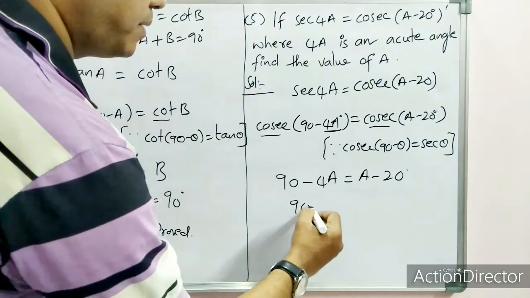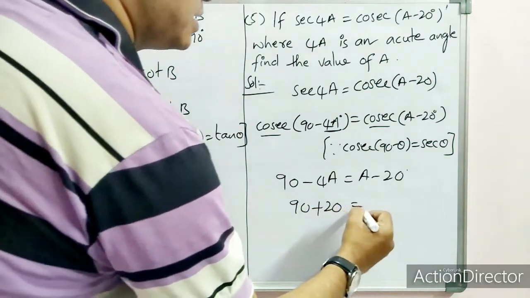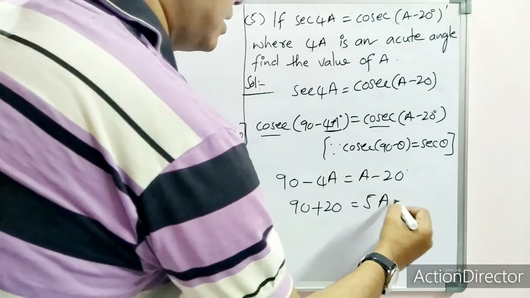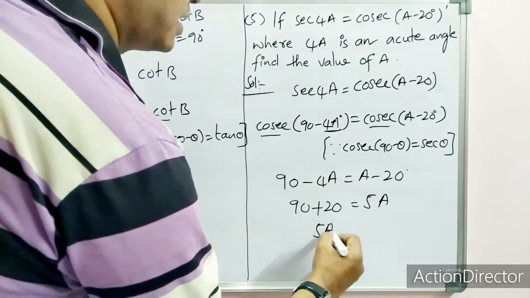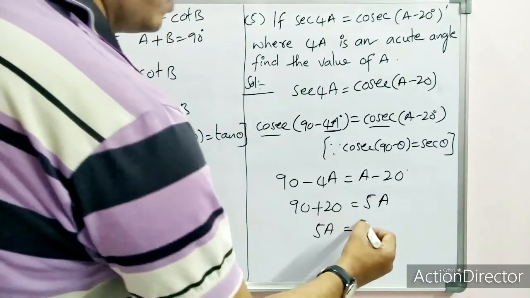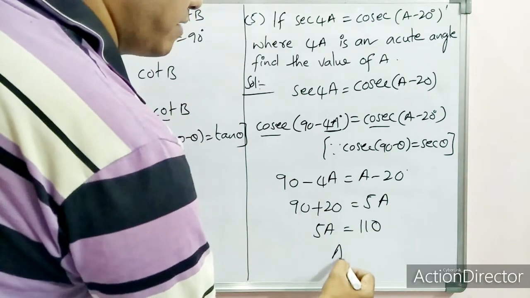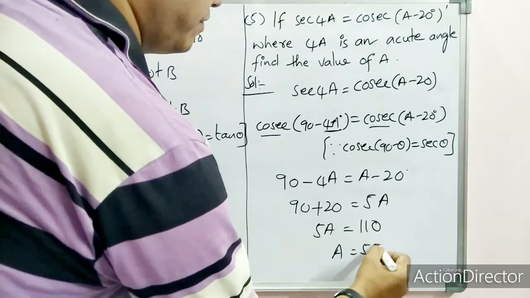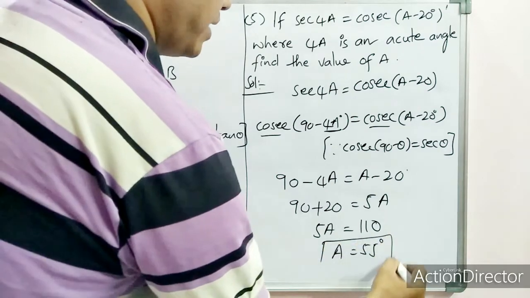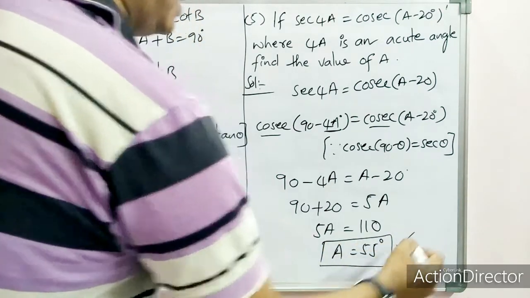Now 90 plus 20 is equal to 5a. Therefore 5a is equal to 110, and a will become 55 degrees, which is an acute angle, less than 90.